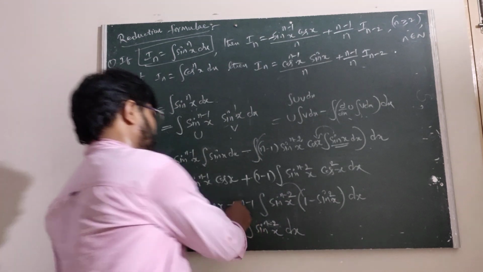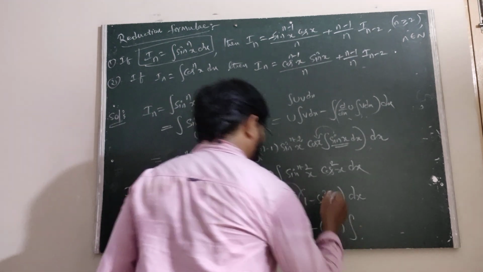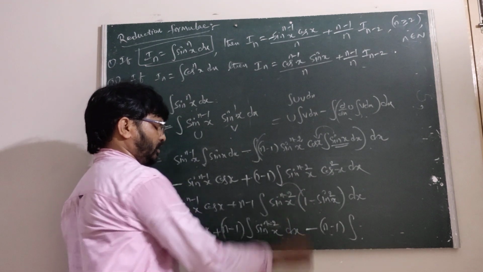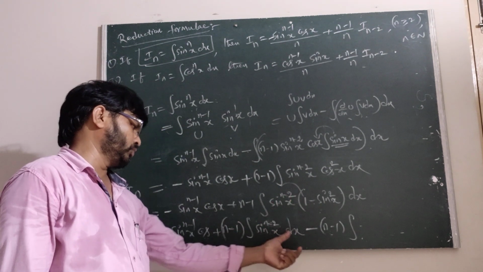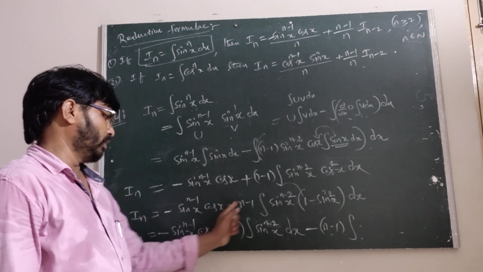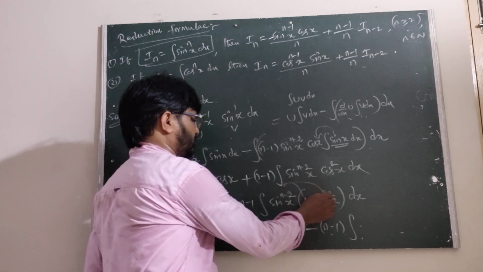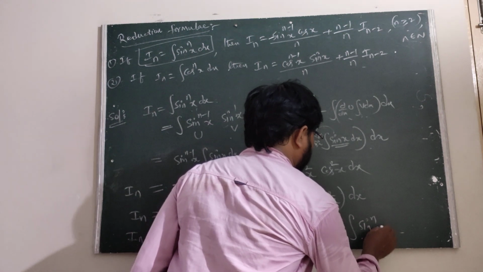After that, plus into minus (n-1) into, here minus 2 plus 2 cancel. After the multiplication, first it was sin^(n-2) x into sin^(n-2) x dx. After that, plus into minus sin^(n-2) x into sin square x is plus 2 minus 2 cancel, sin^n x dx.